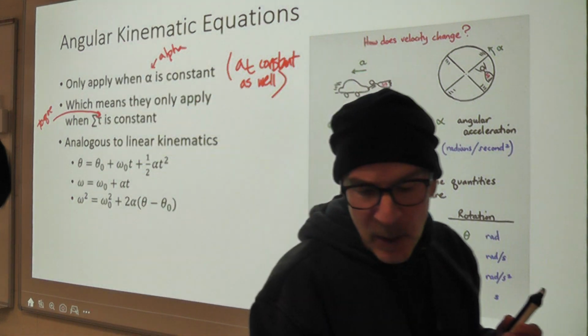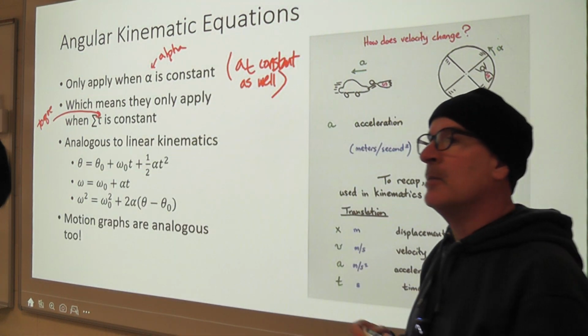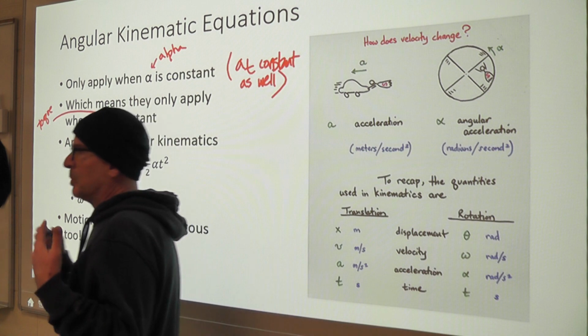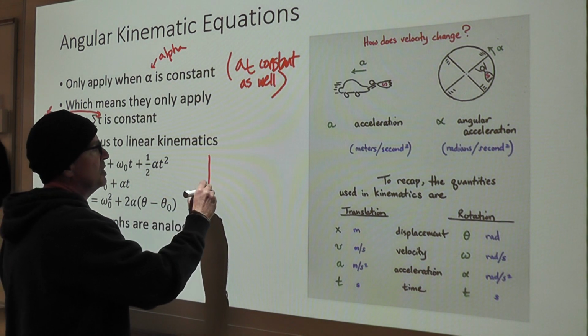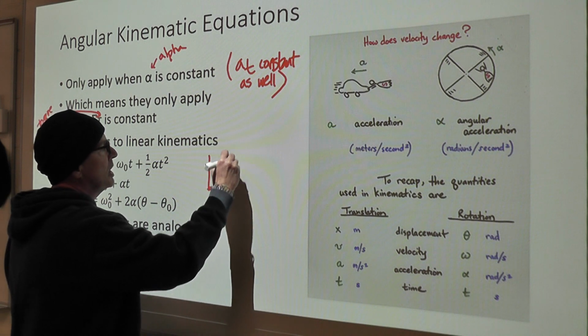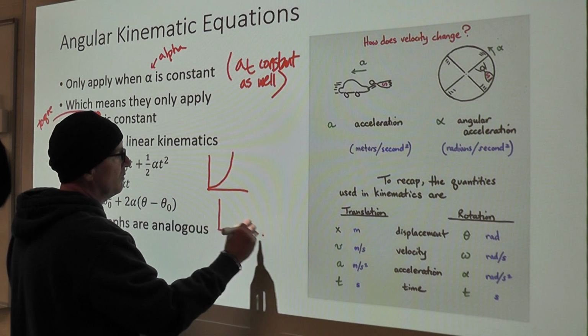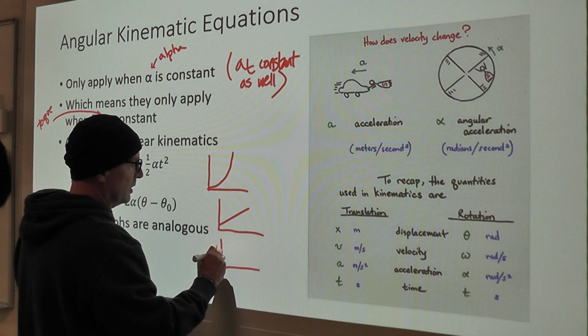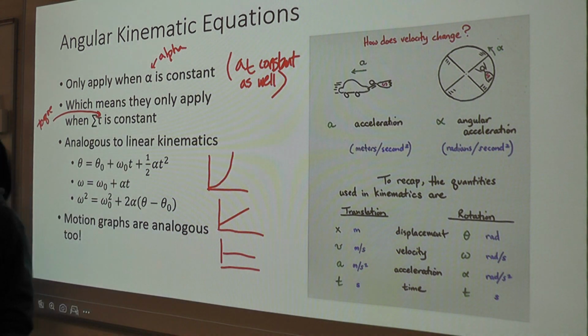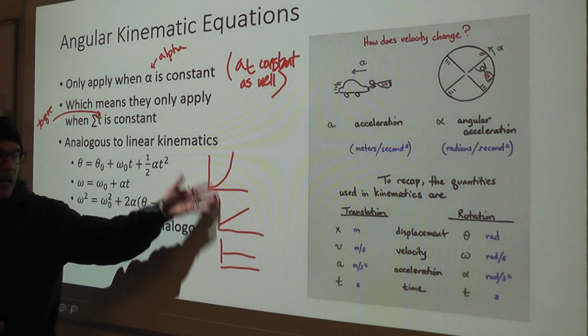Okay? And we talked about motion graphs, and I hope most of you remember that when we looked at position versus time graphs, they were generally these quadratic curves. Velocity versus time graphs were linear, and acceleration versus time graphs showed constants. And depending on the initial signs and which ones of these things were zero, we would see some sort of pattern like this.